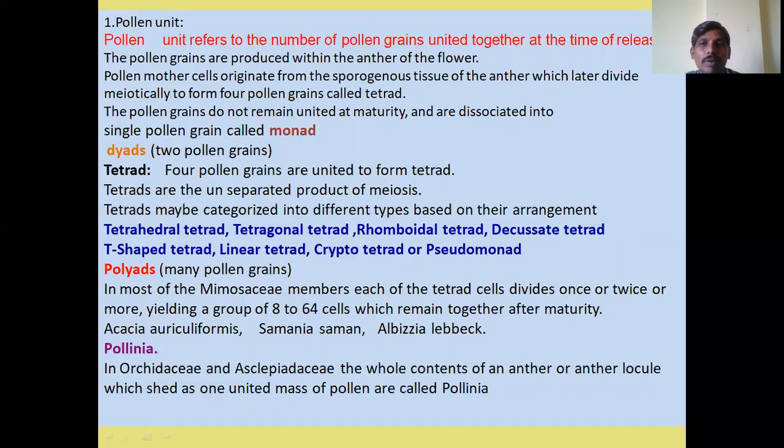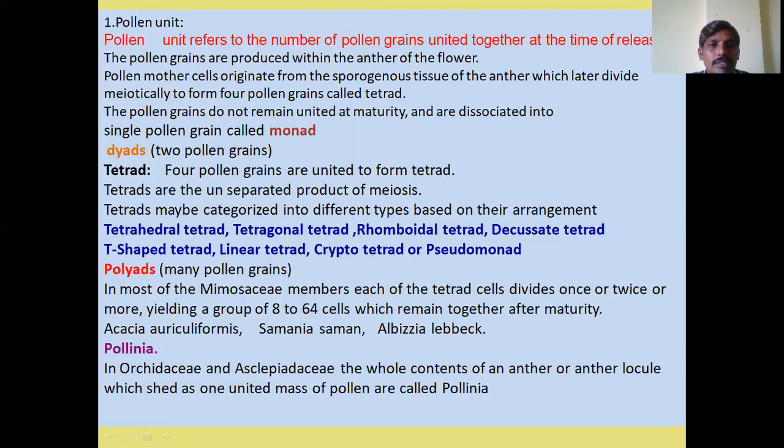It gives 4 haploid spores. In the primary stage, these 4 spores are attached together as a unit that is called a tetrad. The callose compound is used for the association of these pollen grains.